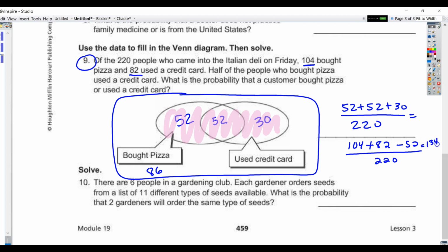So this is 134 out of 220, and this is also 134 out of 220. Does that make sense? You can either use the Venn diagram and use this and this separately, or you can use your overall probability, like 104, 82, and then subtract out the overlap. Guys, hold it down, please.